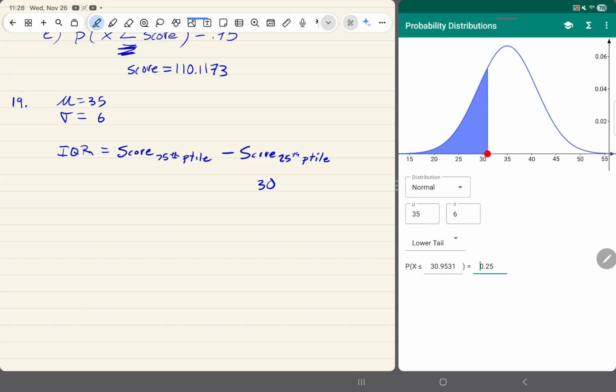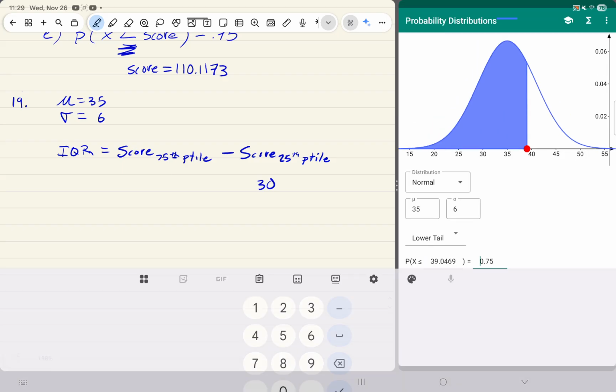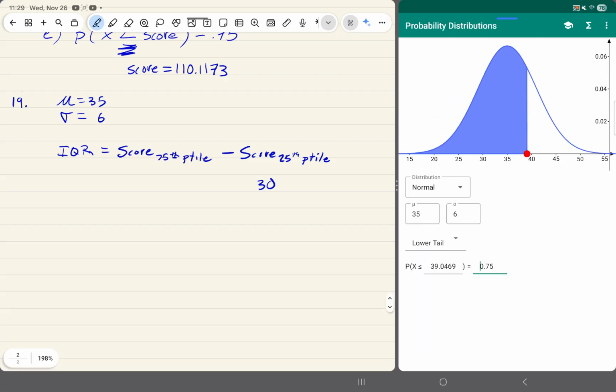And now we want the score at the 75th percentile. We could keep it on lower if we wanted, or we could keep it on higher. It doesn't really matter, I don't think, because we're interested in the score value. We're going to get now a value of 39. We'll just call it 39 as the value at the 75th percentile.